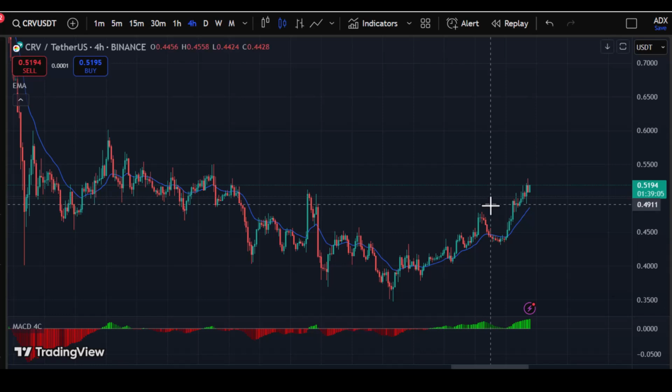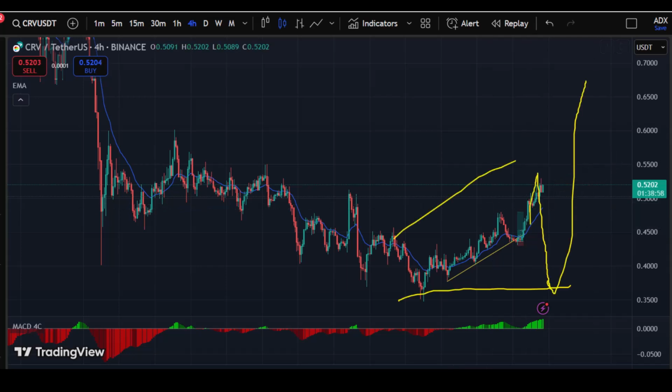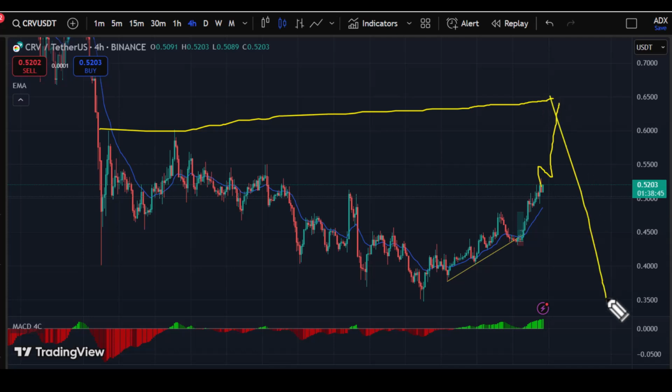Yeah, the CRV. CRV is also bullish, and we're expecting this move to keep pushing until it breaks this high. Okay, so let it keep pushing to break this high before it can drop. So it's very bullish, just like Bitcoin.